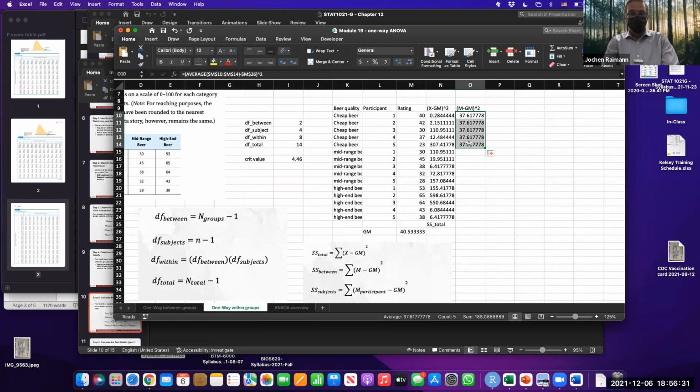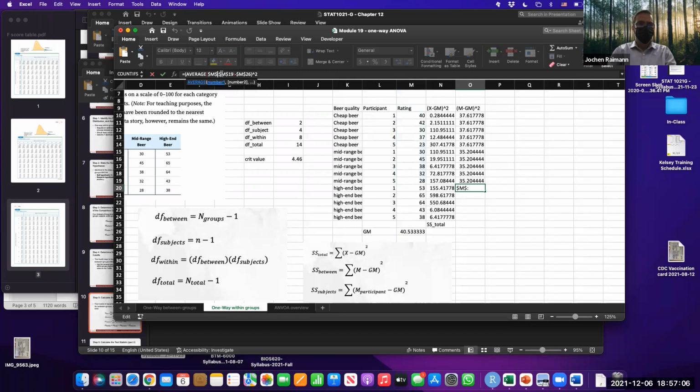So now for the second group, we repeat that procedure, but what we change now is the range. So now we're doing group 2, so we do M15 to M19. So now we do M20 to M24.